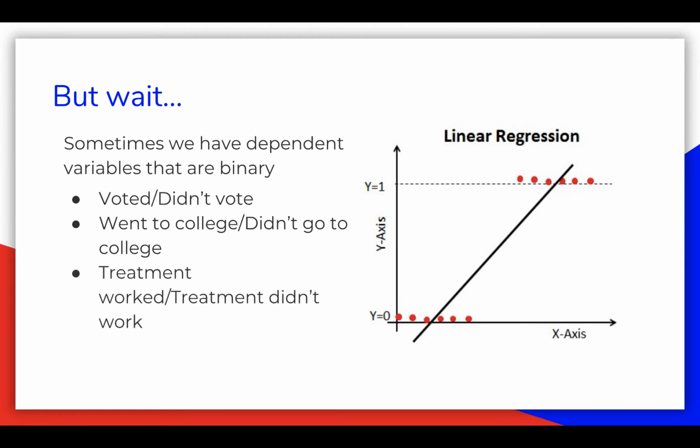We also see a lot of binary dependent variables in medical literature. Did the treatment work for this individual? Did the medicine work? Is their disease cured or is it not cured? In the case of it's cured, that's 1, and in the case of it's not cured, that's 0.